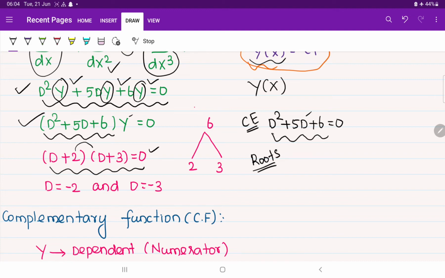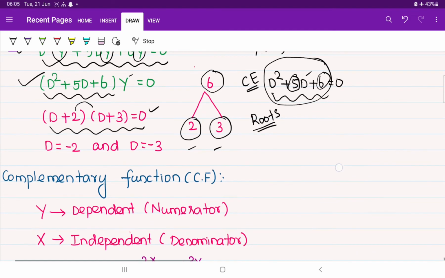Now see there, how can I resolve this characteristic equation to obtain the roots? Here we have 6, so it indicates the product of two roots will be 6. Here we have 5, so the addition of two roots will give 5. See there, I have selected 2 and 3 here. We basically use our common sense to obtain the roots for second order differential equations. So basically we will go with this method, or we can also use the quadratic equation formula.